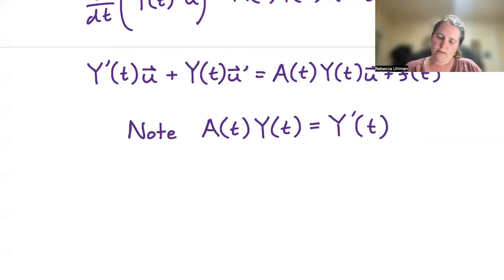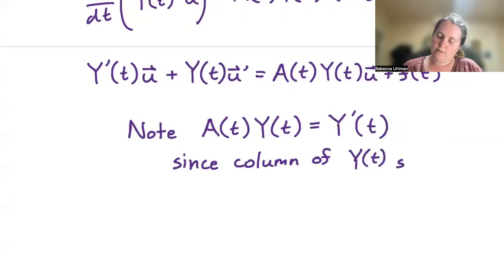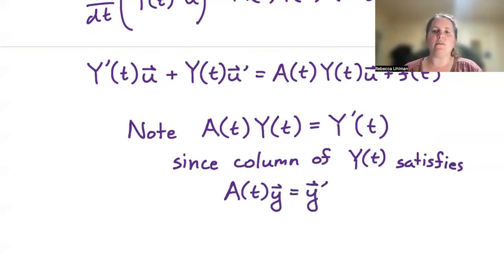And this is since each column of Y satisfies A of t times the vector y is equal to that vector's derivative.